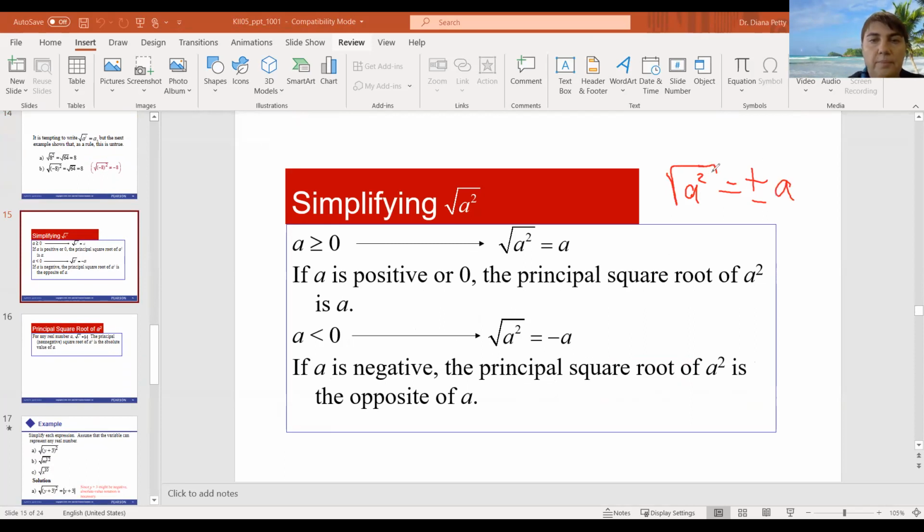It depends: if a is greater than 0, it's a, but if a is less than 0, you need to put a negative in front of the a to get a positive. So if a equals negative 3, you get negative of negative 3, which makes it positive, the principal square root.